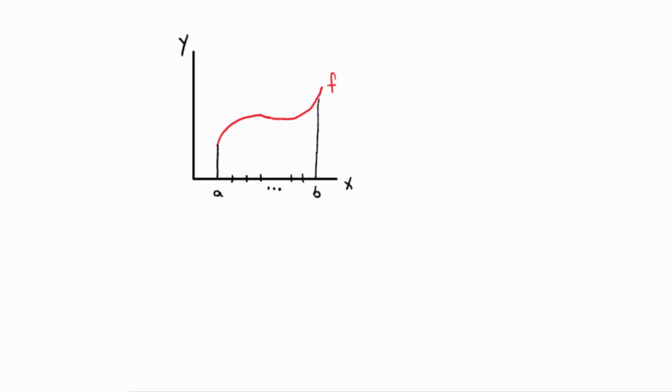I'll use right-hand endpoints for this drawing. So there. But you don't have to. You could pick any point inside the relevant subinterval and then take f of that point to get the height of your rectangle. Then there's a whole bunch more.